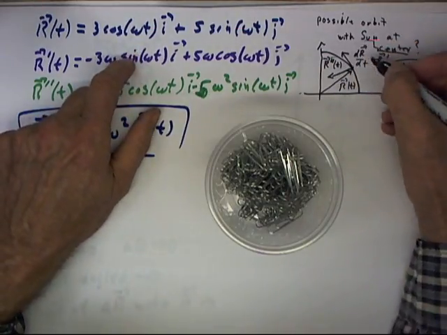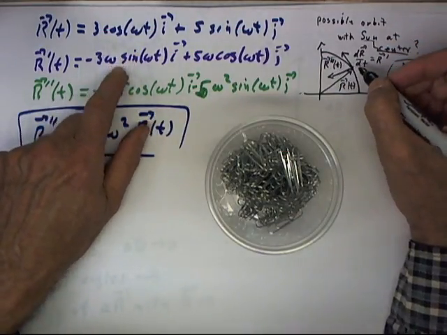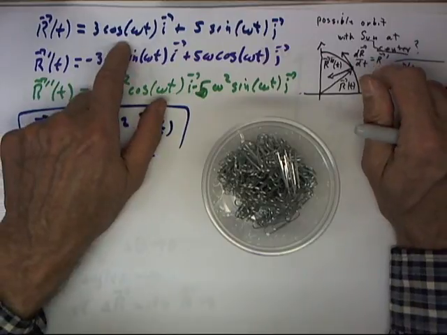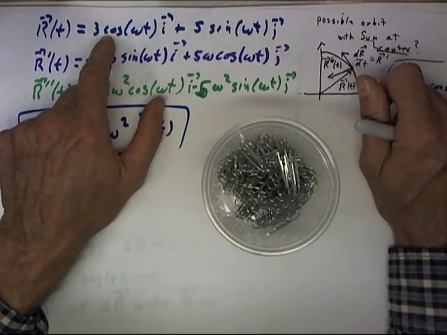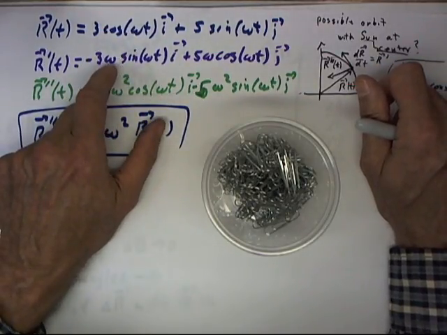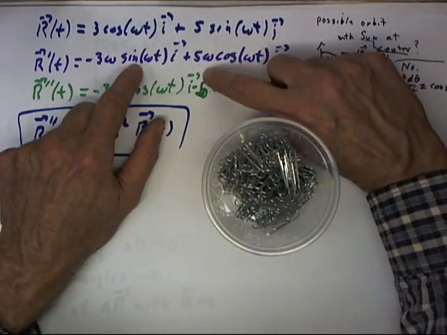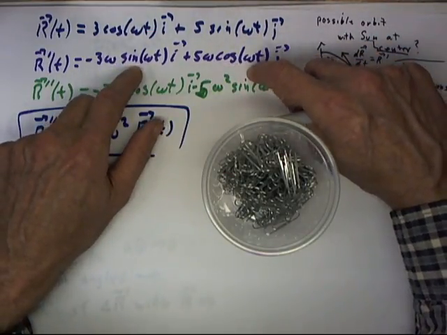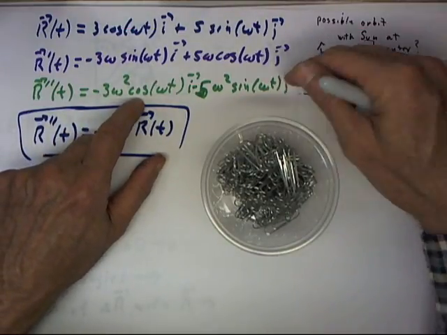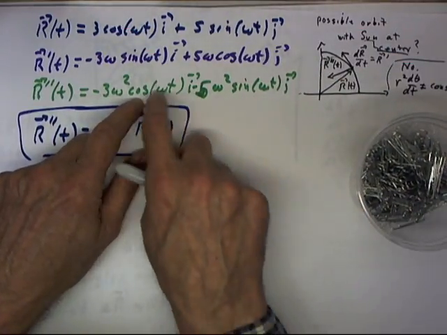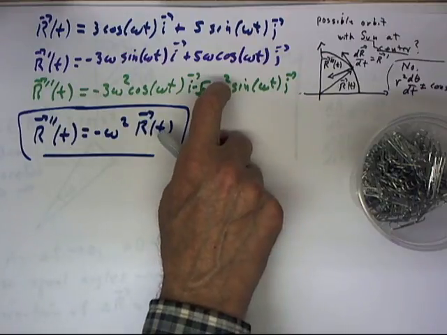Well, we can easily calculate r prime and r double prime, and this is a very simple calculation. The derivative of the cosine of omega t is negative omega sine omega t. Derivative of sine omega t is omega cosine omega t. We take a second derivative, and we obtain this result for r double prime.